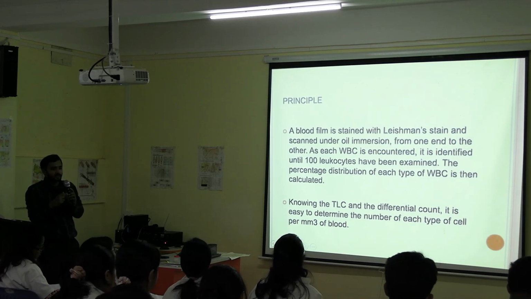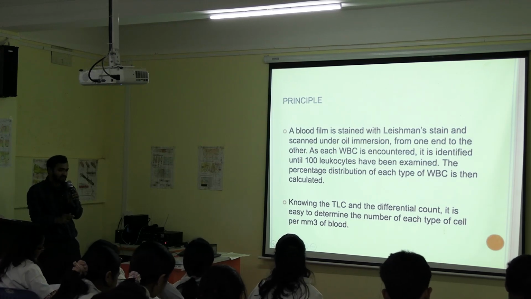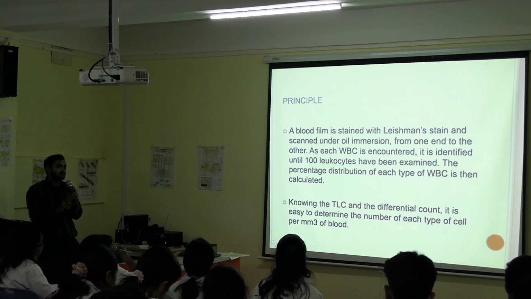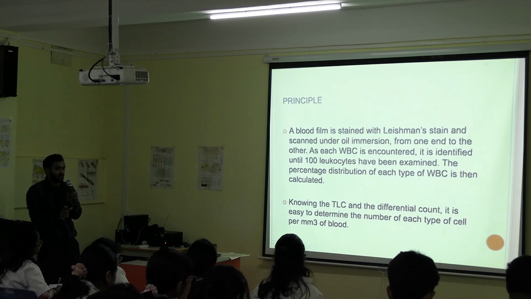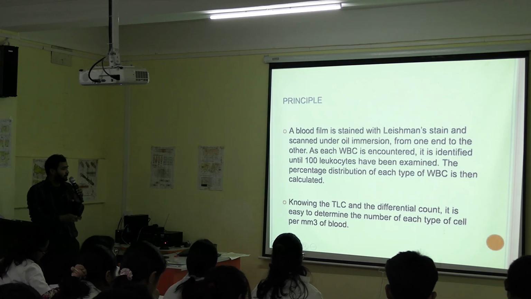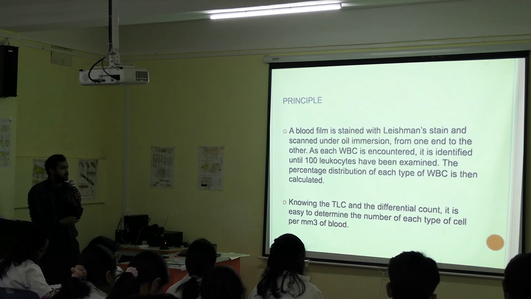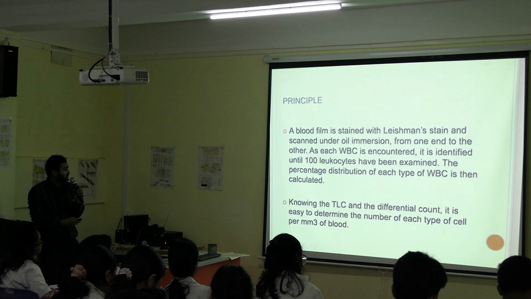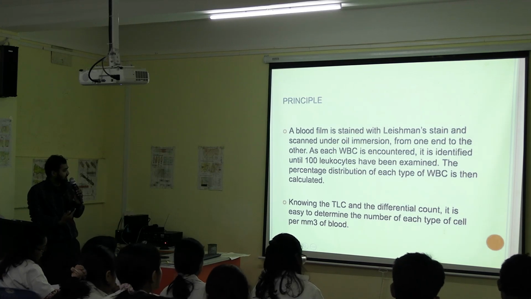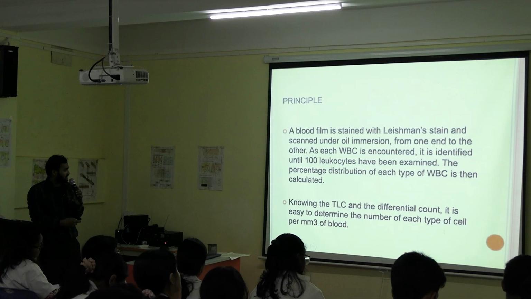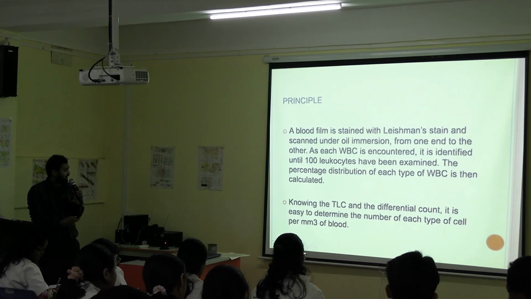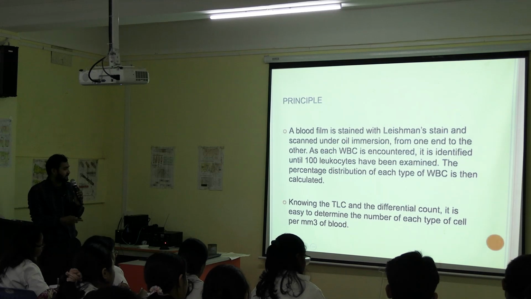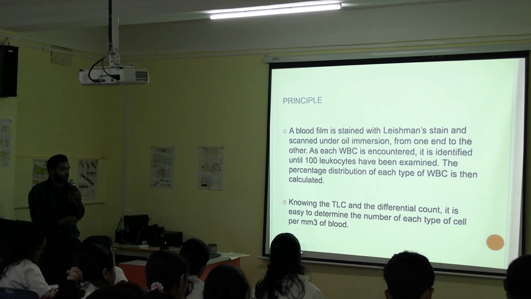So, when you will be focusing, at least you have to count 100 WBCs per smear. We will be knowing how you will be counting the WBCs. Knowing the TLC and differential count, it is easy to determine the number of each type of cell per cubic mm. It is always in cubic mm of blood.